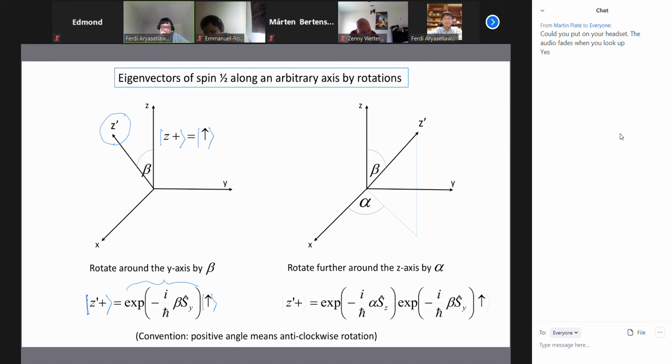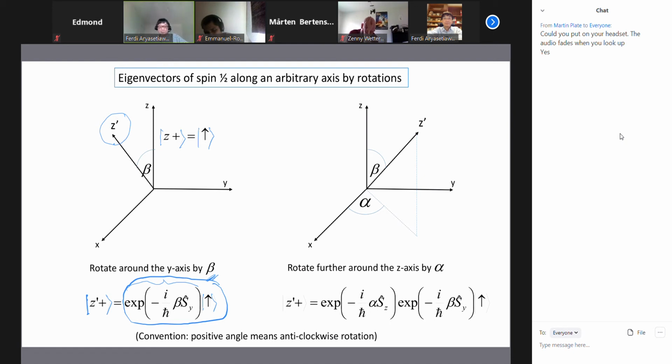So the rotation itself is in the real space, so that's a rotation by angle beta around the y-axis, and it induces a rotation in the spin space in this way here. So the rotation operator rotates the spin up state along the z-axis to another state along the z prime.